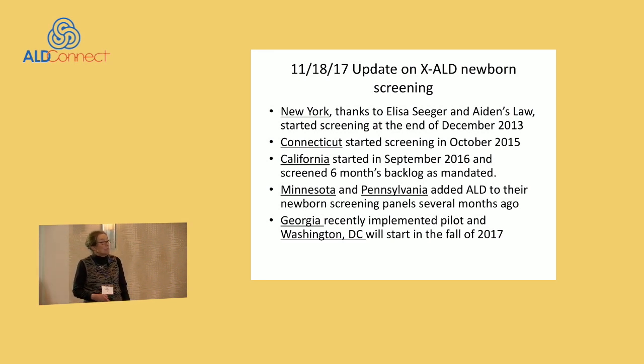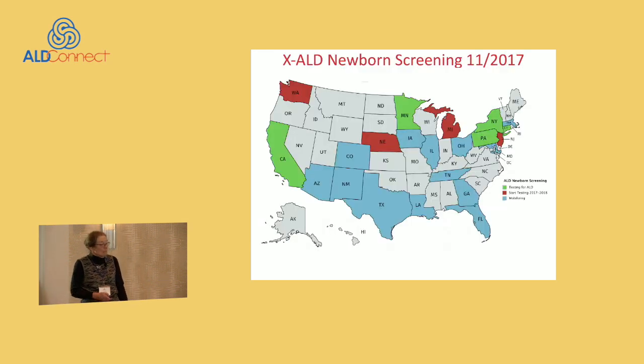Georgia recently implemented a pilot, and Washington, D.C. says they will start this fall. However, they haven't started yet. And you saw this map that was in Stefan's slides, and it's on the website, the Netherlands website, showing the 5 states in green that are currently doing the newborn screening, and those in red that will start screening soon.